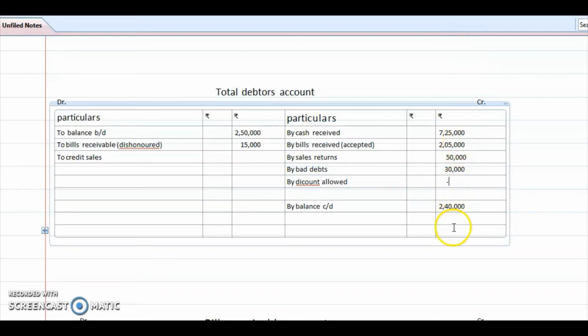If you add all these things, you will get a total of 12,50,000. 12,50,000 minus this 2,65,000, you will get the answer of 9,85,000. So this is the credit sales. This is the balancing figure.